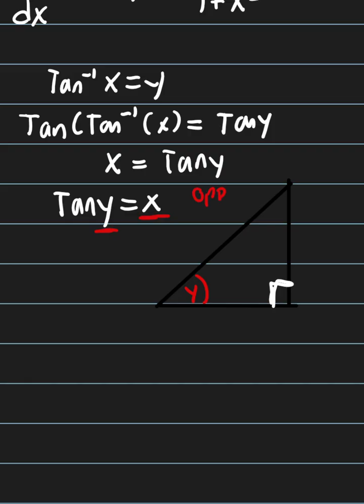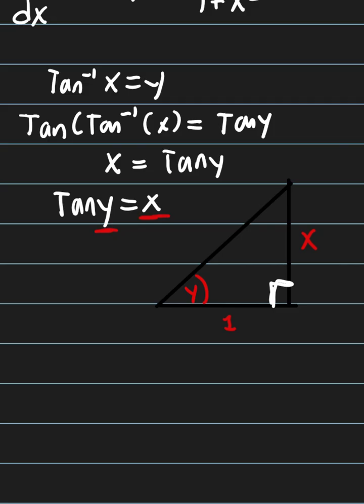Tan is opposite over adjacent, right? Yes, that is right. Our opposite is across the angle, so this is our opposite, and our adjacent is over here, and it's 1 because x is over 1.